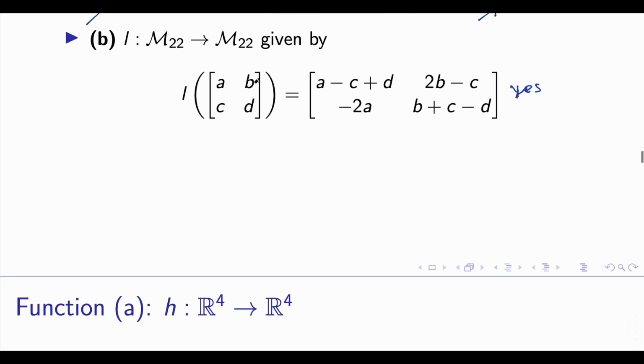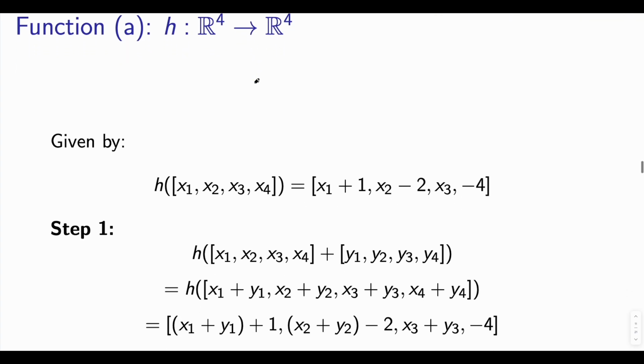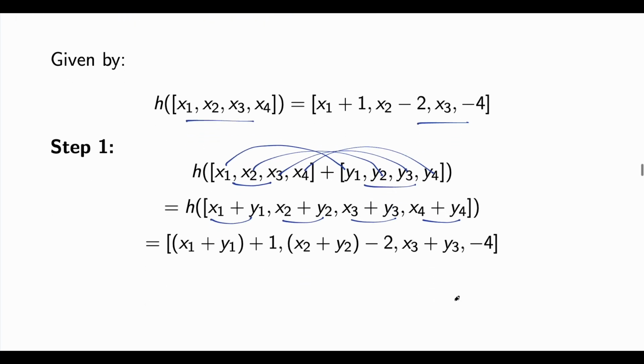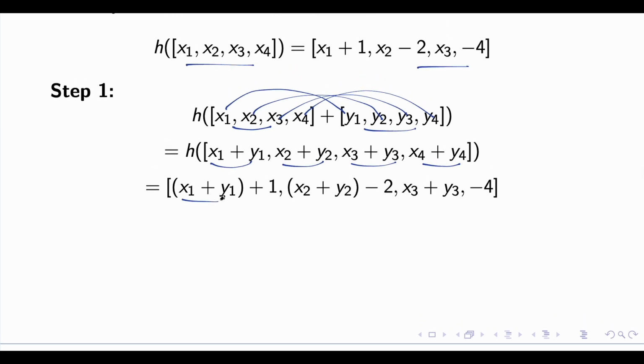So now let us see by the thorough method. So H is from R4 to R4. I'm going to add the two vectors, component wise addition. So I got this component wise addition, and then using the definition, first component plus 1, second component minus 2, third component, and then last minus 4.